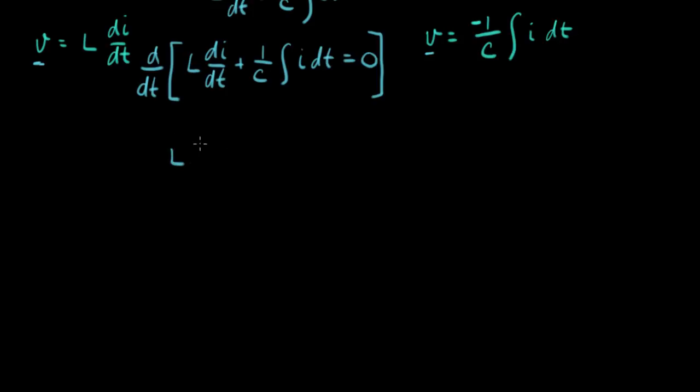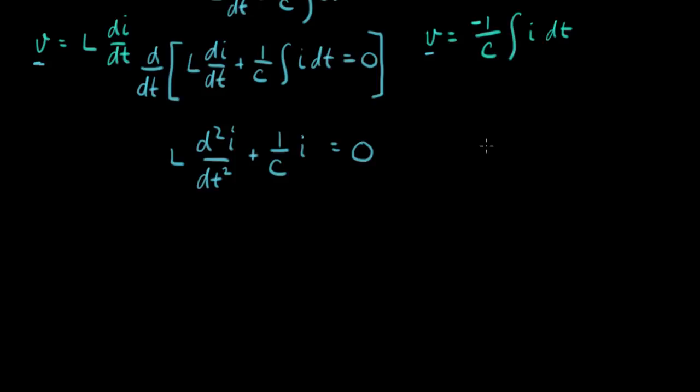So we get L times the second derivative of I with respect to time, plus 1 over C, and then the derivative of the integral of I dt turns into just I, and the derivative of 0 on this side is 0. So this is now the differential equation for the LC circuit.